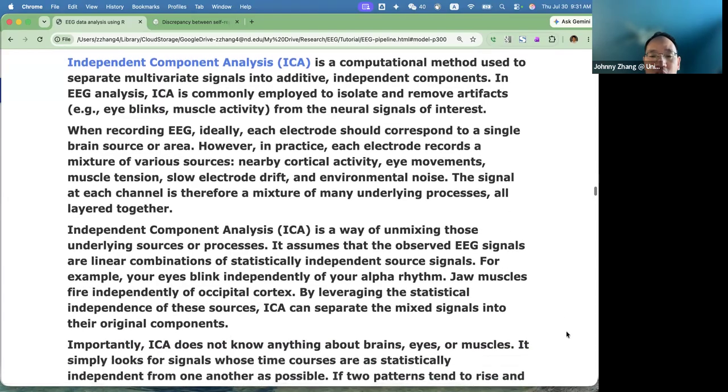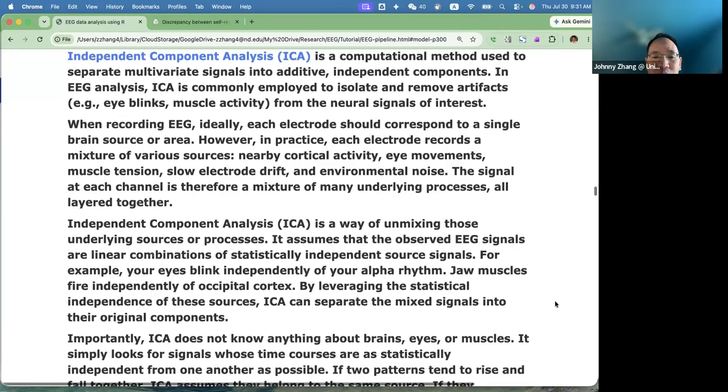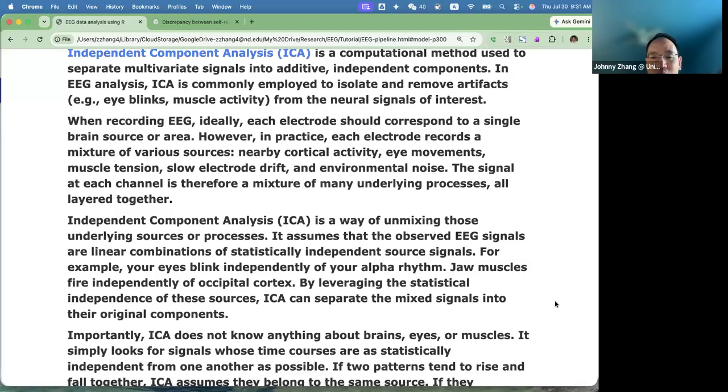It assumes that the observed signals are a linear combination of independent latent signals or source signals. For example, eye blink could be one signal, your jaw movement could be another signal, and your brain activity could be one signal. So you have several different source signals. Okay, so ICA basically tries to separate them and find them.